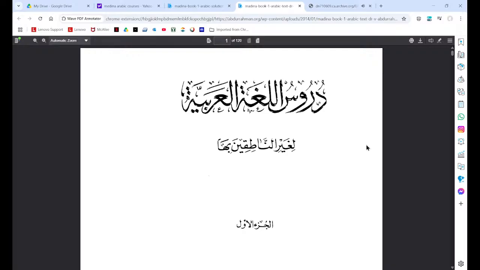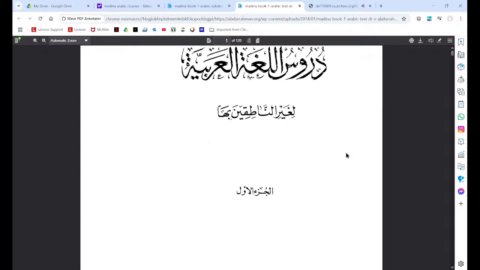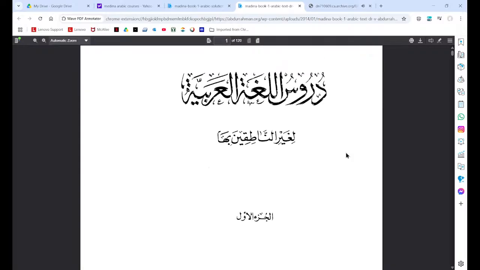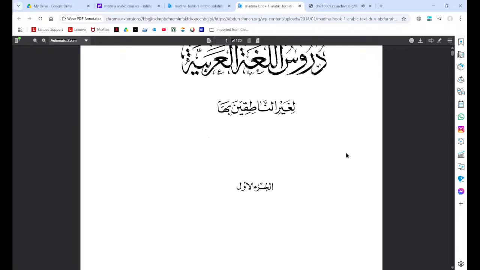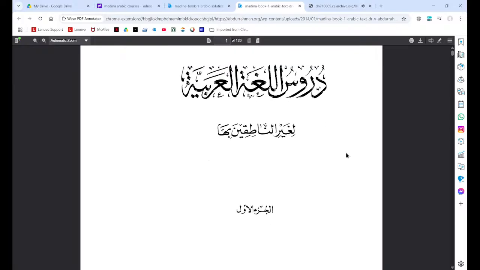Inshallah, we'll be going to the book and explaining the book, explaining the lesson, explaining what you should be taking from each chapter, and how to understand the application, how to understand the nahwiya, how to understand the grammar, inshallah.